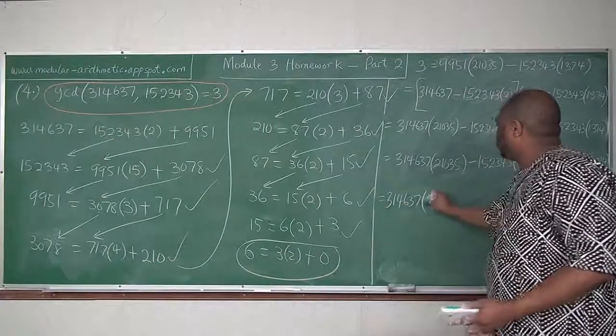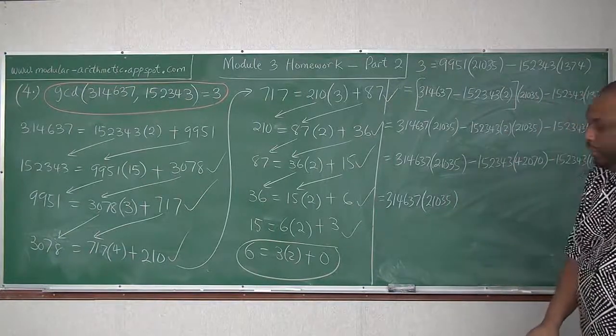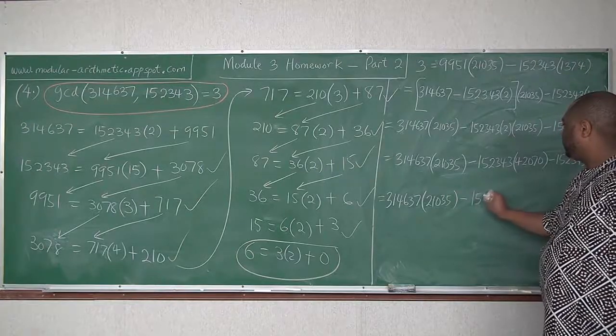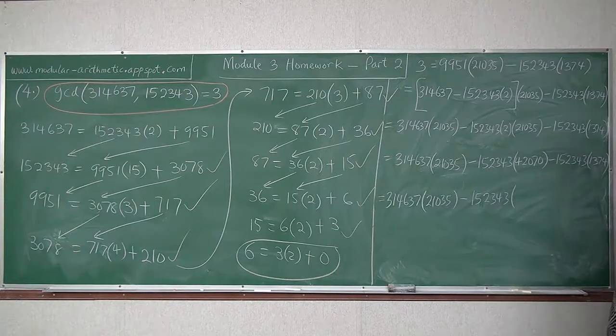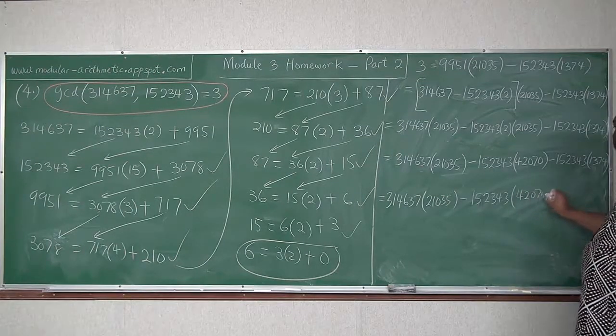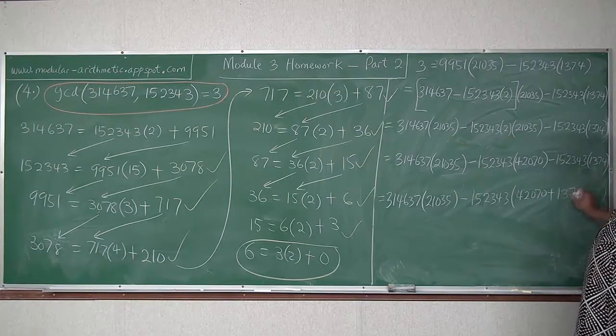So this will be 314637 times 21035. We factor by GCF minus 152343. Okay? And this will be 42070 plus 1374.